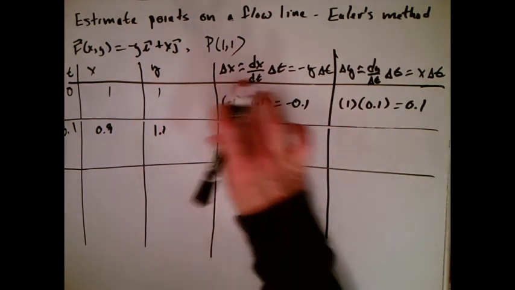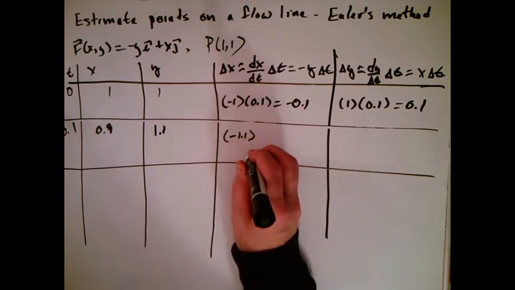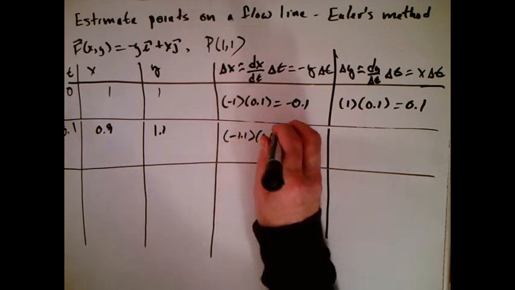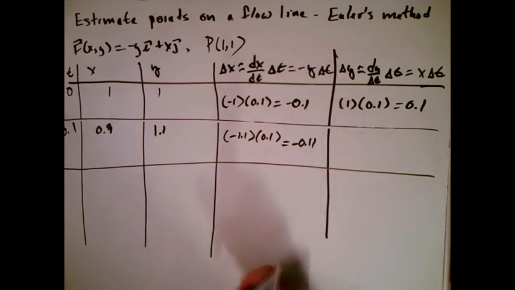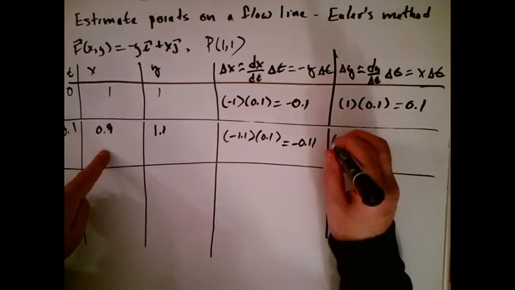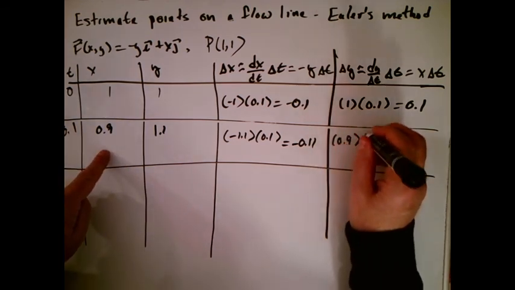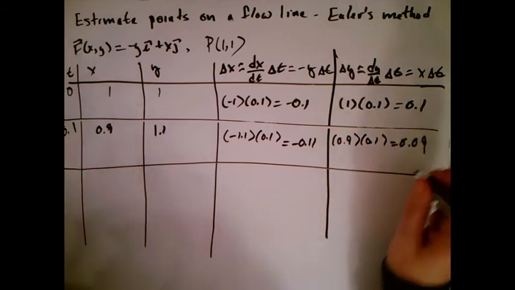The change in x is minus the y value, so it's minus 1.1 times delta t, which is 0.1, and so this is minus 0.11. My delta y is going to be my x, which is 0.9, times 0.1, and I get 0.09.